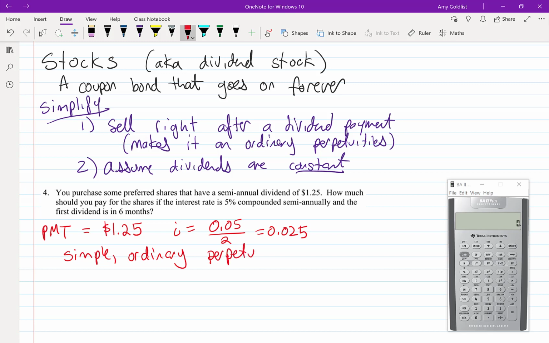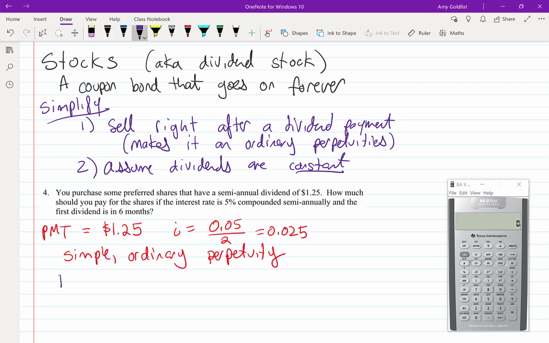One note, I've put in some semi-annual ones here to make it more similar to the ones that we did earlier. In general, stocks tend to be quarterly, so expect to see quarterly payments and compounding. So let's look at this.